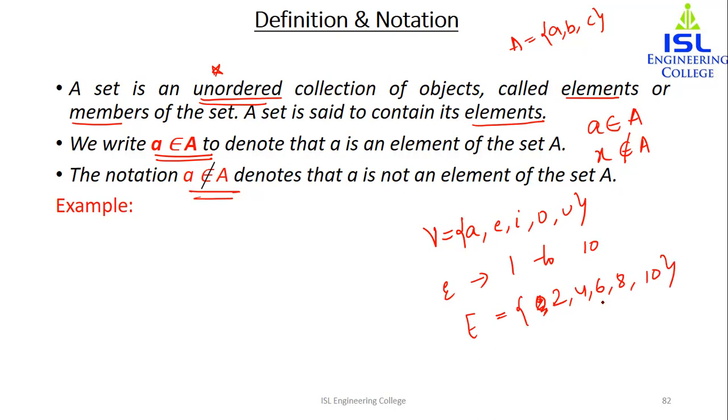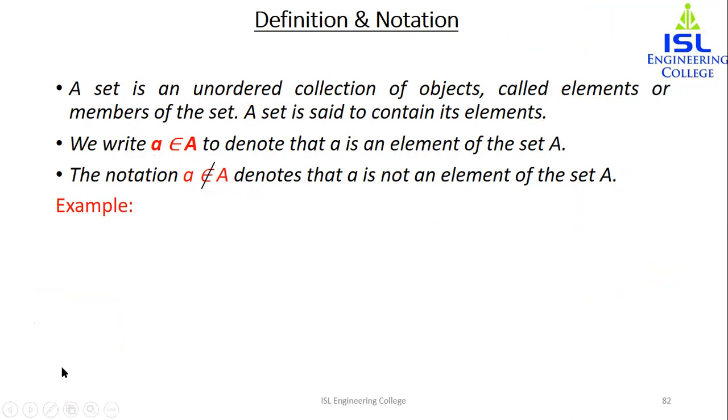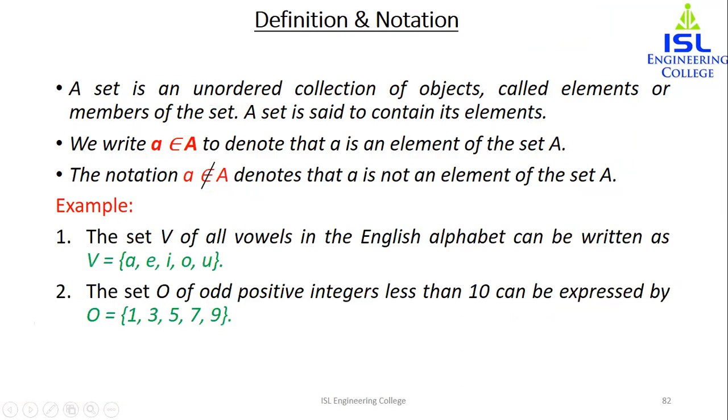Similarly, the set of all vowels is denoted by V: a, e, i, o, u. And the set of odd positive integers less than 10 is 1, 3, 5, 7, 9.